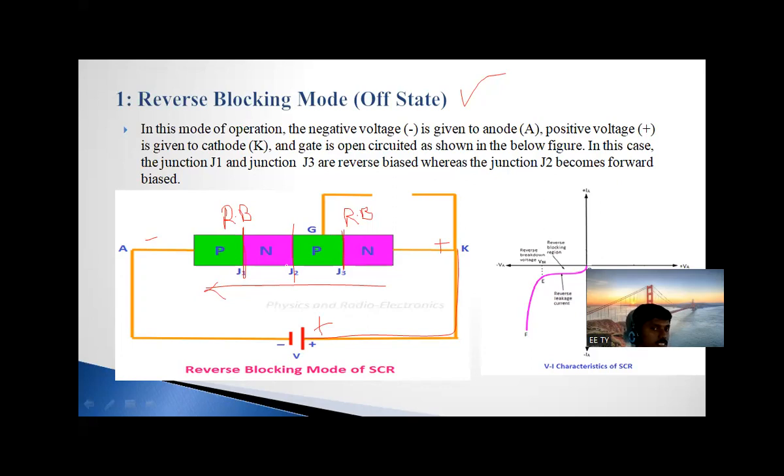With respect to this junction, the N type material is connected to the negative and the P type material is connected to the positive side. So for the forward bias condition, J2 is forward biased; this condition is fulfilled. But for current to flow, J3 should also be forward biased. Then the current will flow like this. Is it right?